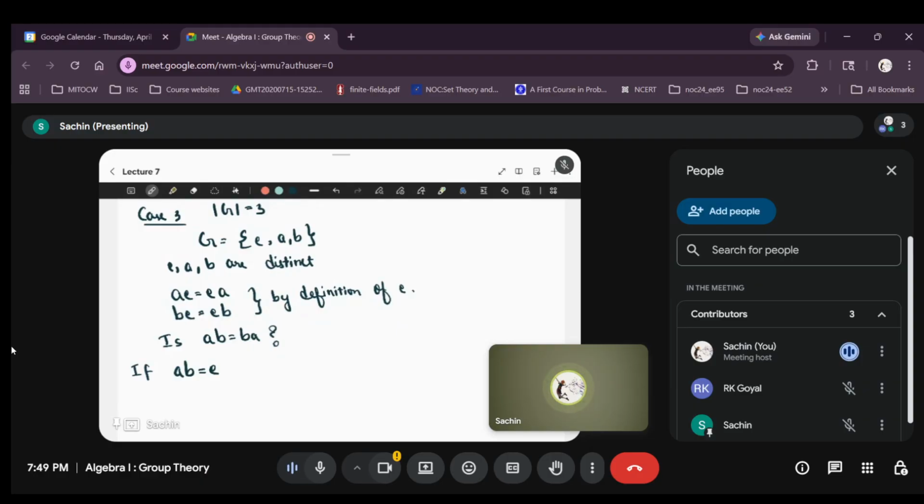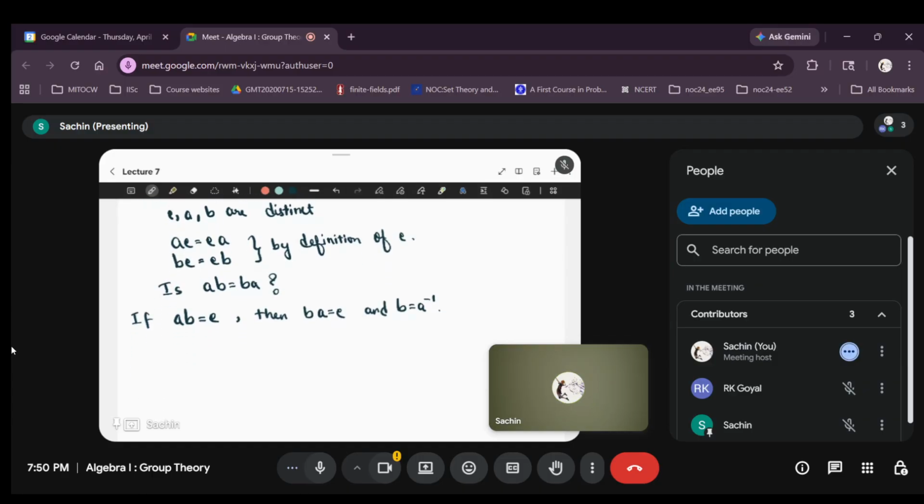If the product is something else, then we can't say. But if the product is E, then BA will also be equal to E, and B equals A inverse. So AB is equal to BA.